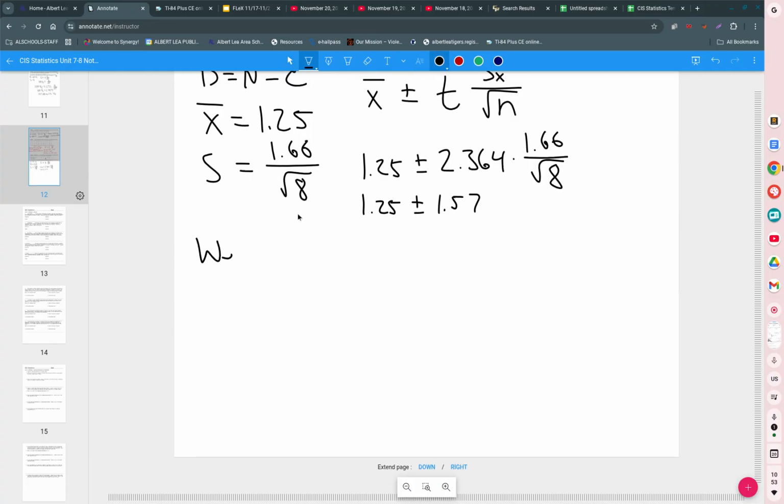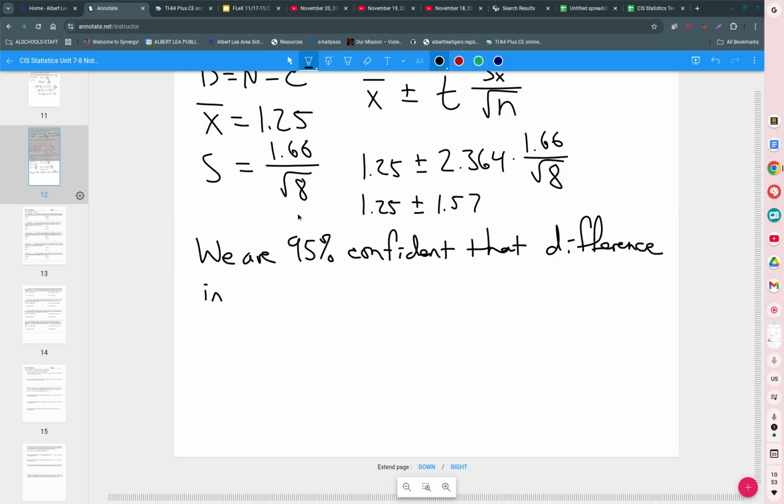So, we are 95% confident that the difference in height is between, so I'm going to take 1.25 and add that to 1.57, excuse me, and I get 2.82.